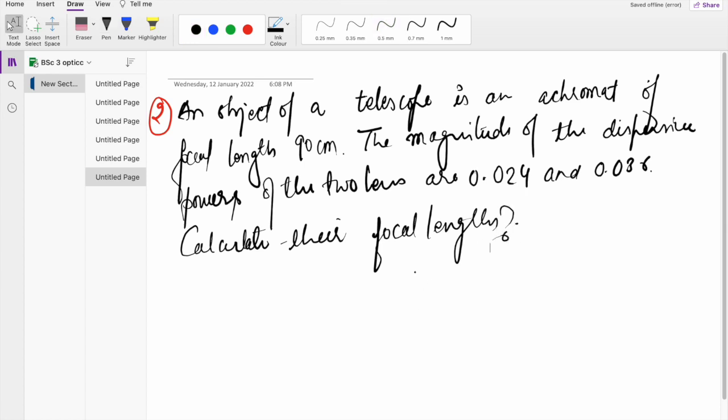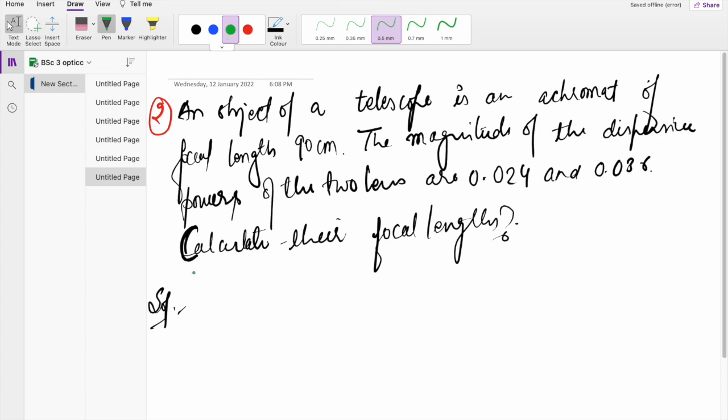So this is a question from telescope, but if we read the question carefully, it is asking to calculate the focal length of individual lenses. Okay, so we know the telescope consists of two converging lenses, but it is in the case of achromat.